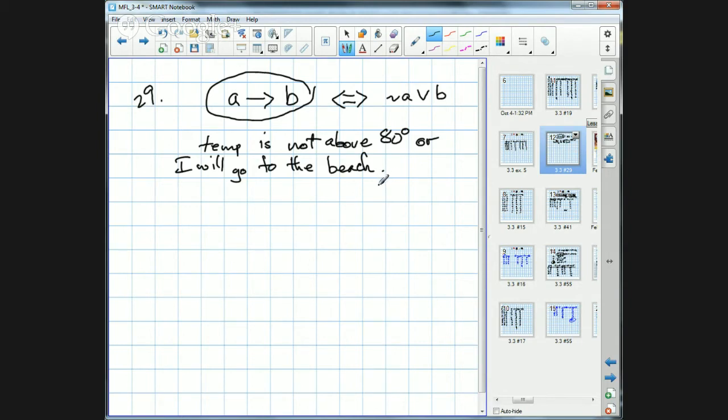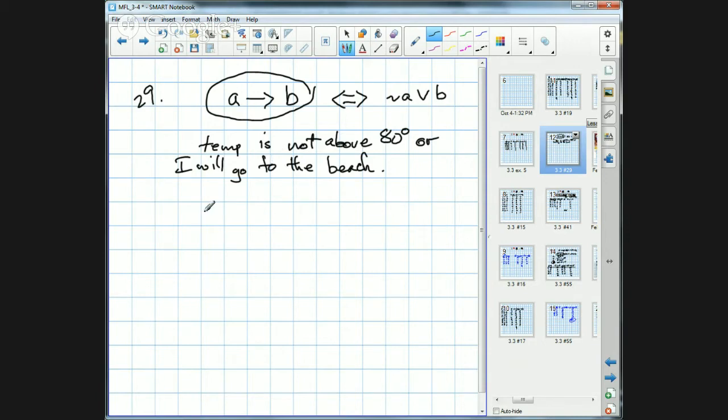So then it says, write the corresponding statement in words. Let's see, write each statement in symbolic form using not and or. Okay. Now, I don't know if we went through this or not, but there's an important fact here. And it's in a hint somewhere, and I don't remember where it is.